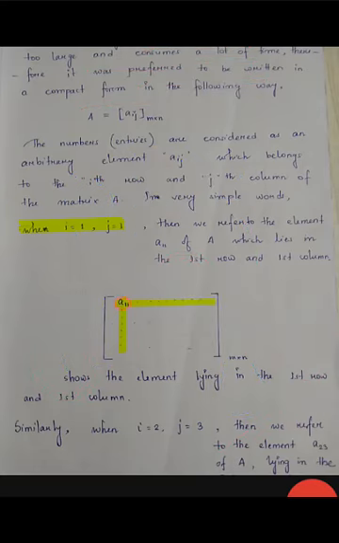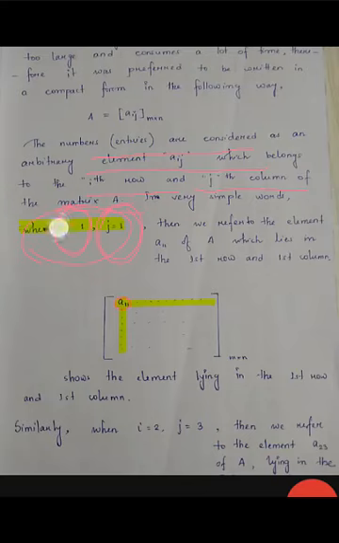So what is said here? Let us look at this writing part. The entries are considered as an arbitrary element Aij which belongs to the ith row and jth column of the matrix A. In very simple words, when i is equal to 1 and j is equal to 1, then we refer to the element A11, when the position of the row is 1 and the position of the column is also 1.